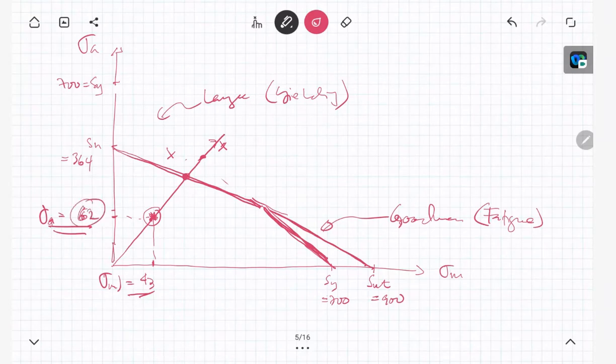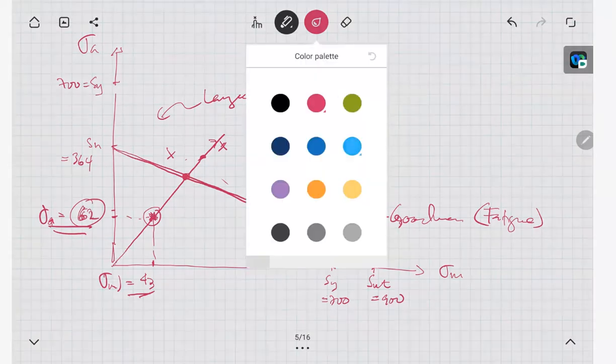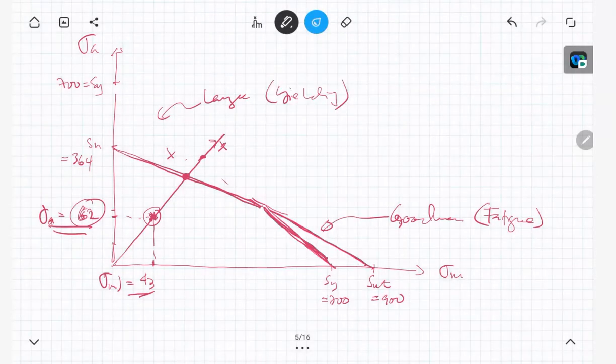From this value, make one line, touch the value of Sn, touch the value of this one.